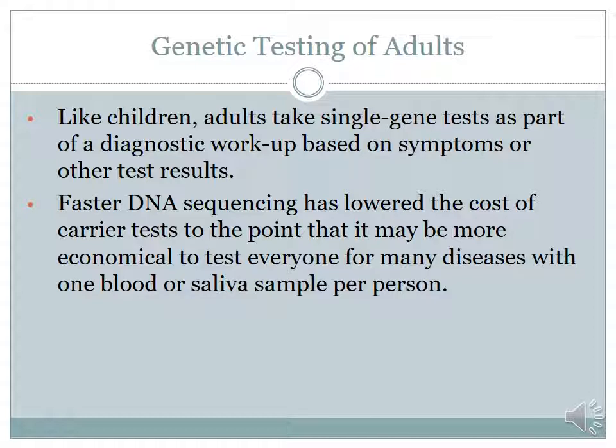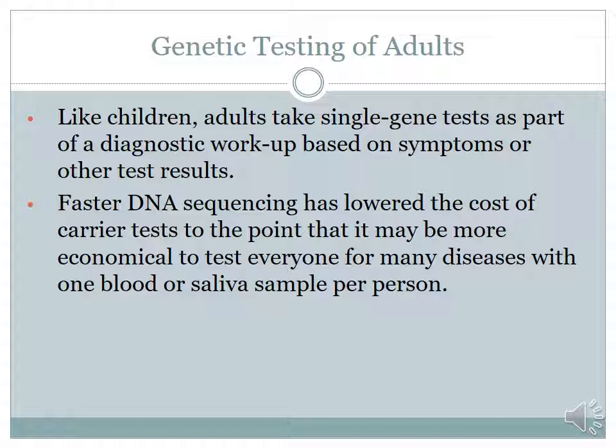In the past, carrier tests in adults focused on specific population groups in which a disease is more common. In the 1970s, carrier testing for sickle cell disease targeted African Americans, while testing for Tay-Sachs disease targeted the Ashkenazi Jewish population. However, faster DNA sequencing has lowered the cost of carrier tests at the same time that populations have become much more ethnically mixed.